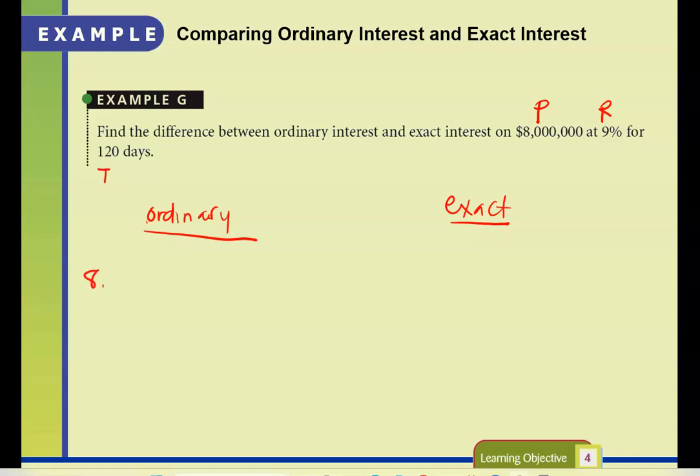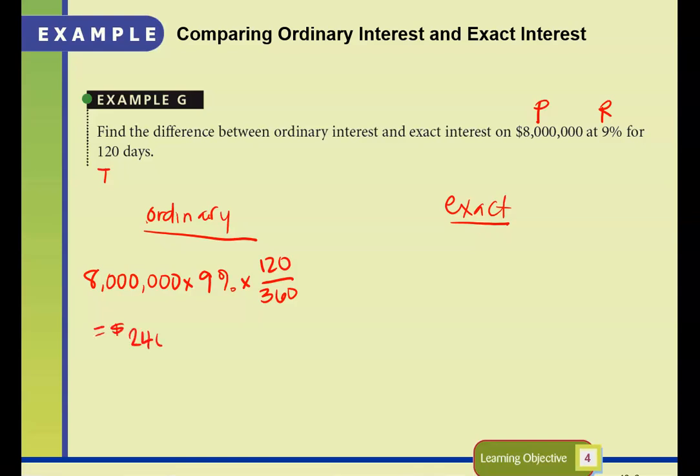I'll take my $8 million times 9%, and because I'm doing ordinary here, that's going to be times 120 over 360. And with ordinary interest, this is $240,000.